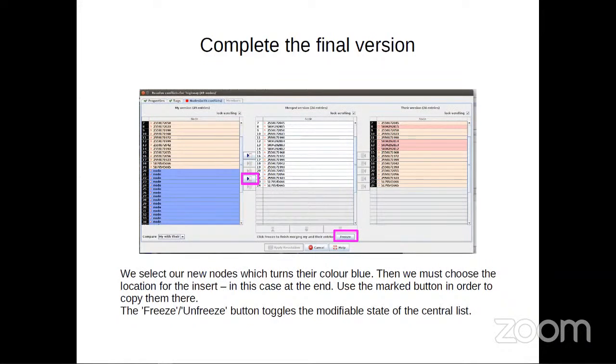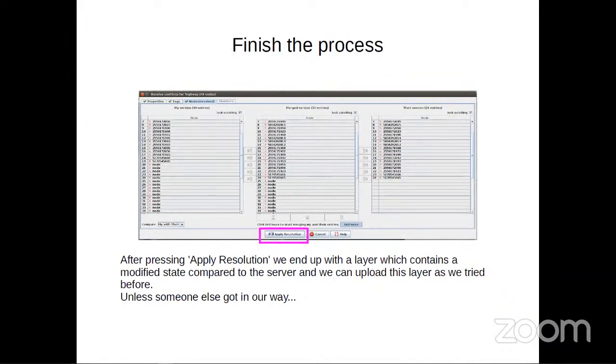And once we feel happy with what we see, you must click freeze, which means that you're done compiling your new merged version out of these two suggestions. So now we've got a merged version which contains all the edits of that other user plus our additions. I froze it, and then I can say apply resolution.